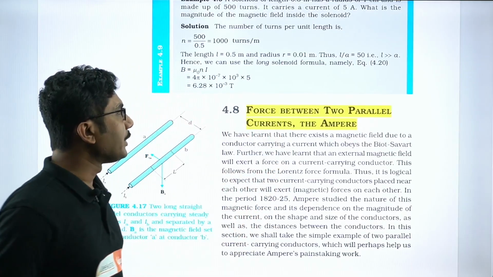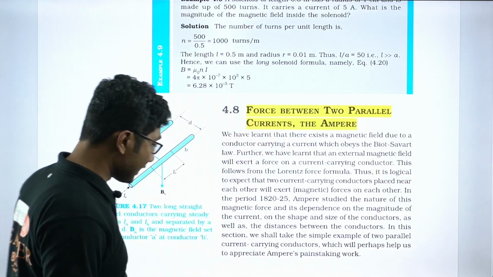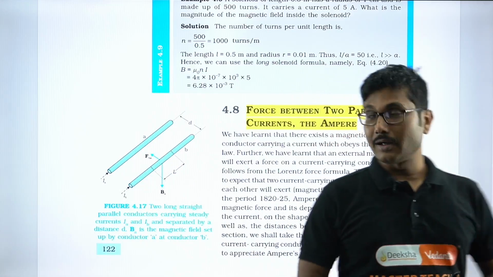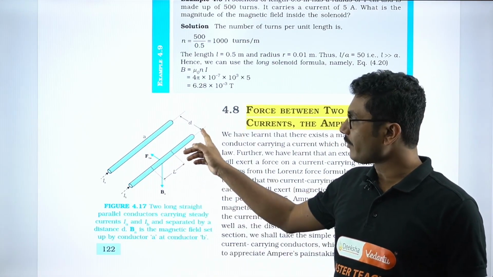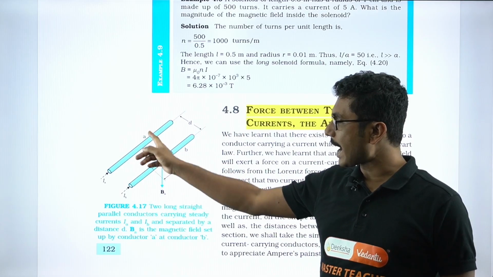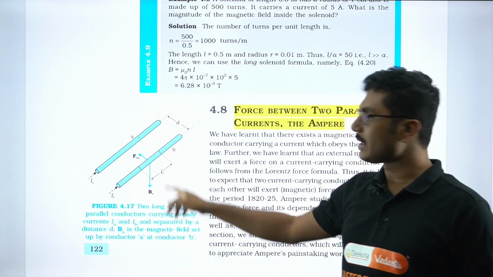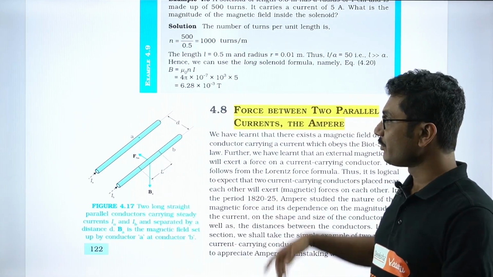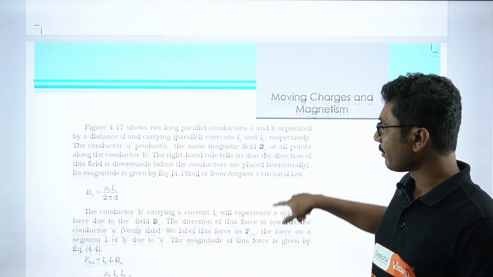Next is the force between two parallel currents, and the ampere. As I said, we will apply the magnetic field due to a straight wire. First we will find the magnetic field due to this wire at the other wire's location, and then the magnetic field due to the other wire at this wire's location, and then we will find the force acting on it, and then we can find the definition of the ampere.